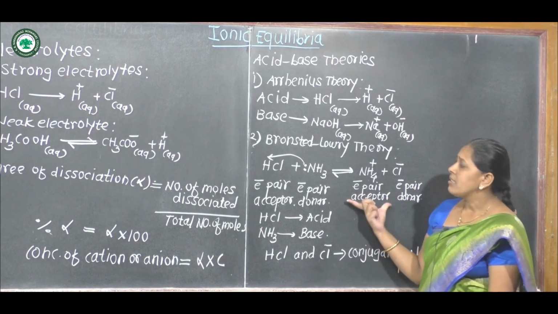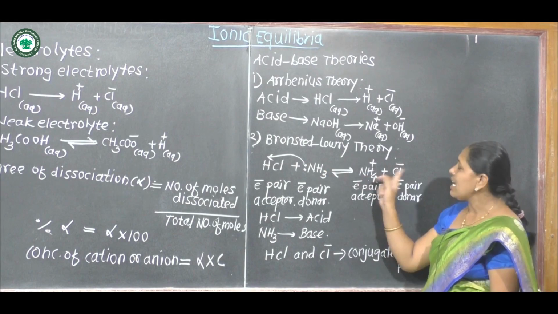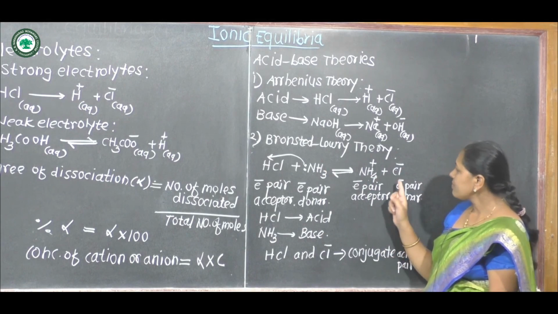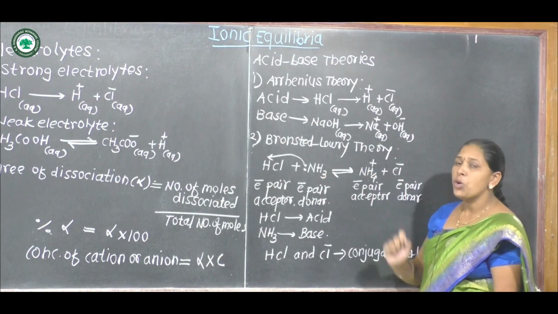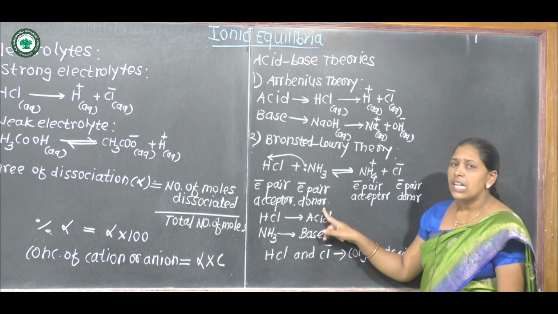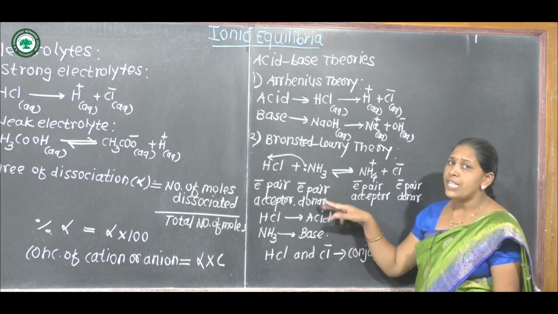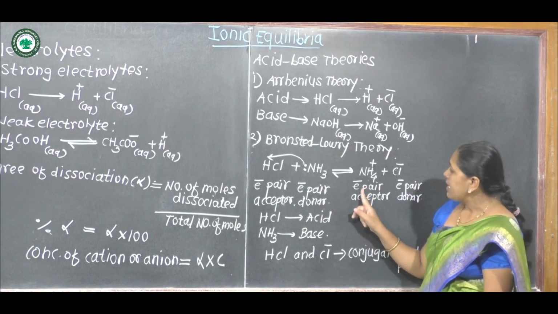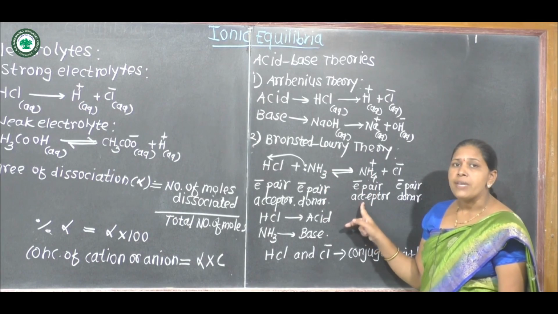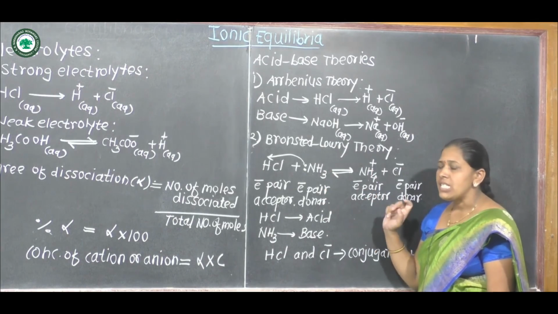Another example is NH3 and NH4 plus. NH3 is electron pair donor, therefore it is base, and NH4 plus is electron pair acceptor, therefore it is acid.